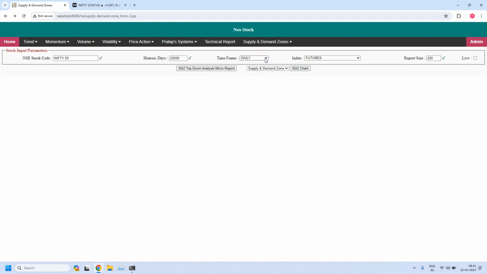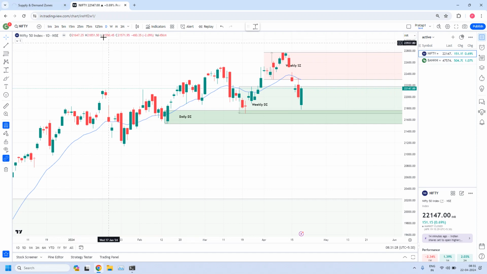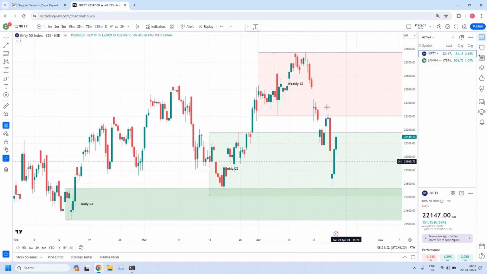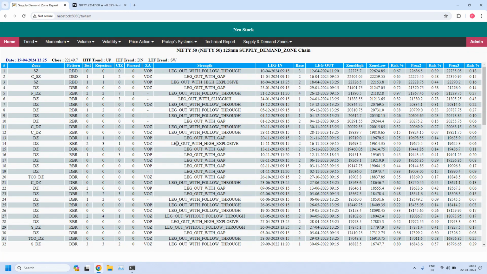I'm changing the time frame to 125 minutes. Let me generate the chain. And here also let me change the time frame to 125 minutes. We have immediate 125 minutes supply zones available. We have 3 supply zones, and also we have a demand zone, the 4th one, when it is created on 25/1/915.